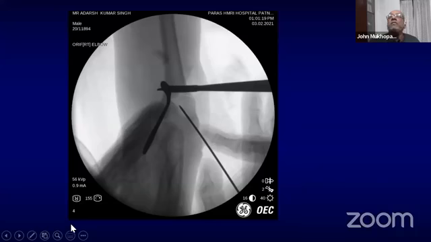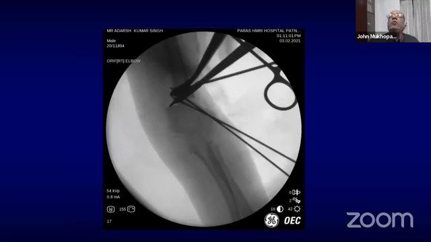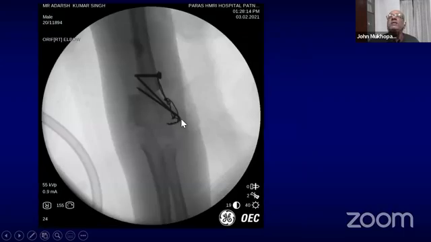So what we've done here is we've corrected the deformity, closed the wedge, and then we are holding this. You can see we hold the proximal fragment with forceps and pull it towards the lateral side. And while we are doing that, we are trying to pass our wires through.